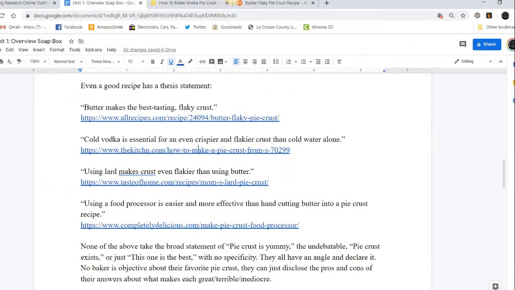Capisci? Okay, this one is with lard. This one here that you can click on. Using lard makes crust even flakier than using butter. I would argue that as a baker, this one has some downsides. Butter's a little bit harder to work with than lard, but butter does taste much better in this subjective opinion.